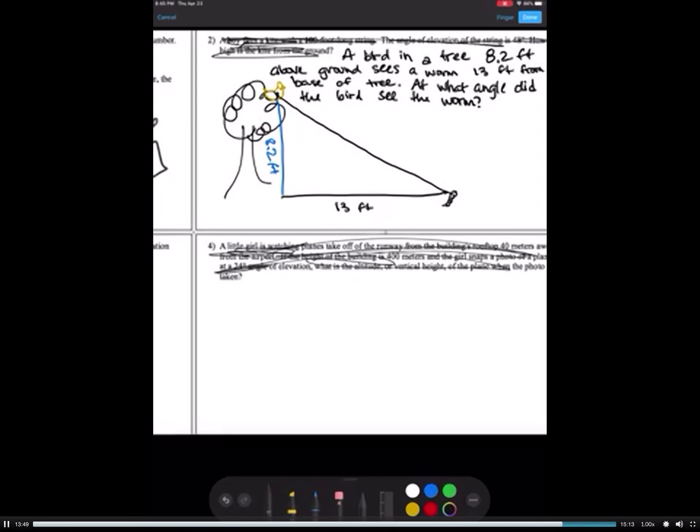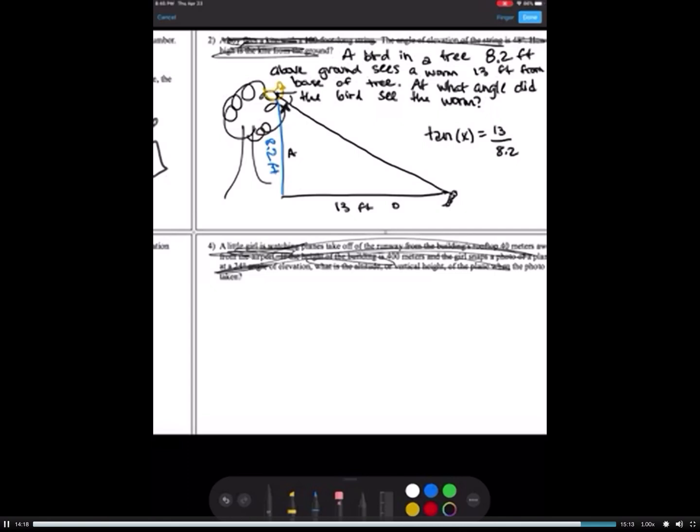Not the angle of depression. We're not talking about this. How far did he look down? We're talking about this one. Okay? So it's again tangent. O over A. Tangent of x or theta is 13 over 8.2. And you would solve that the same way as the others.